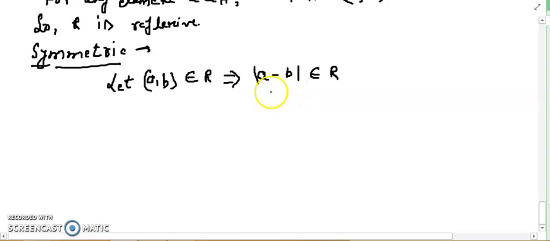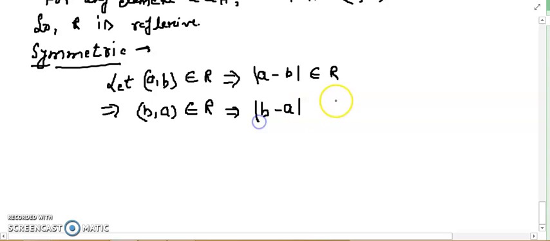You can take any number which is given. So if (a, b) belongs to the relation, this implies that (b, a) also belongs to the relation. This implies that the modulus of b minus a also belongs to the relation.